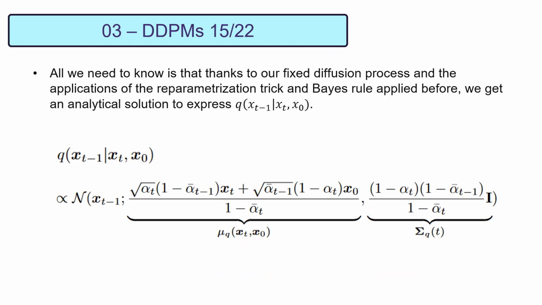So the ground truth noising step is approximately, or proportional, right? Here, this means proportional. It's proportional to a Gaussian distribution, which has this mean. So the mean of the Gaussian distribution is given by this formula, right? And the variance, this is the most crucial step, is fixed and only depends on alpha.